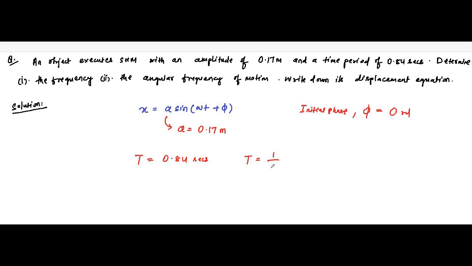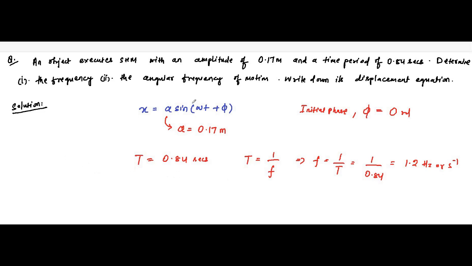Now we know the time period is the inverse or reciprocal of the frequency. That implies f is equal to 1 by T, which is equal to 1 by 0.84. It is coming around 1.2 hertz or second inverse. So that is the frequency.